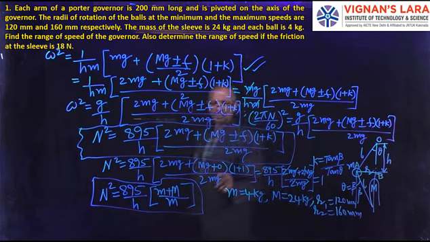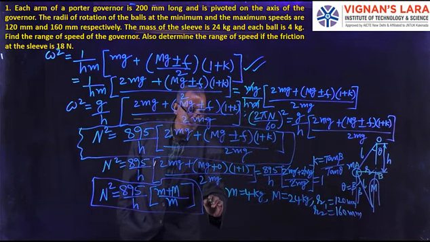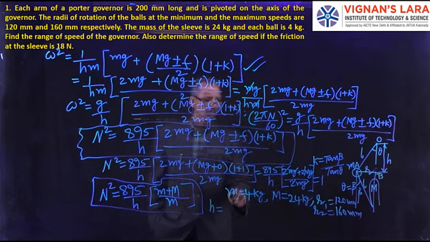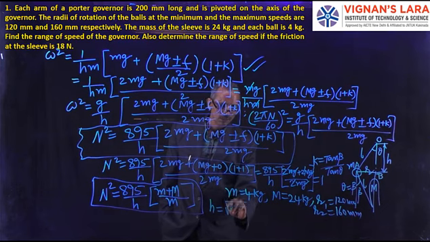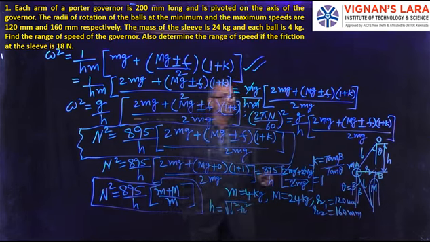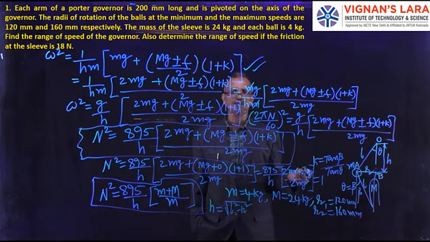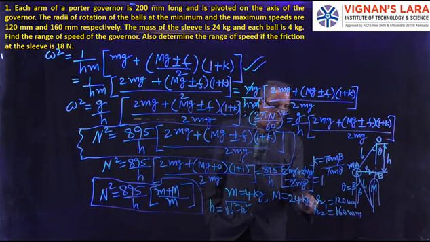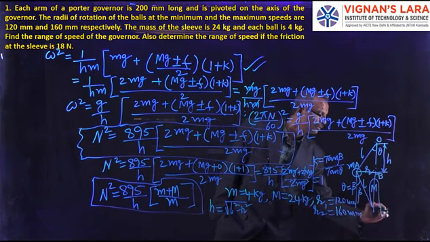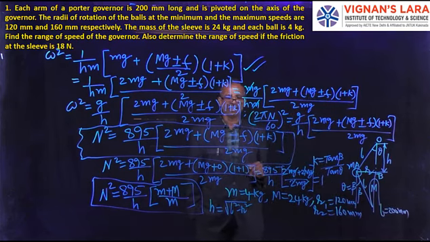That is, h is equal to root over L square minus R square. What is L? L is the length of the link. What is the length of the link? 200 mm. So L is 200 mm.